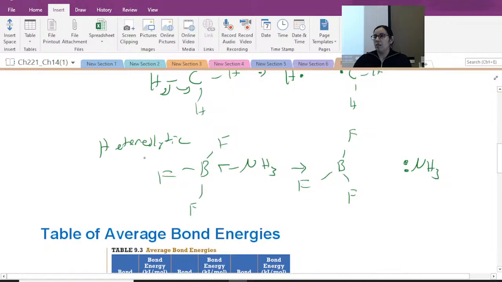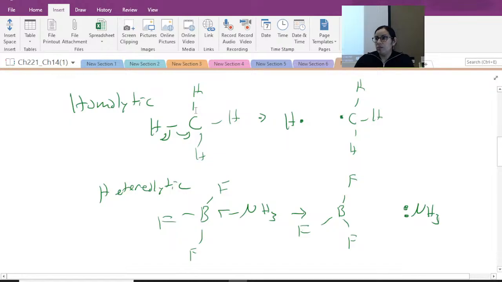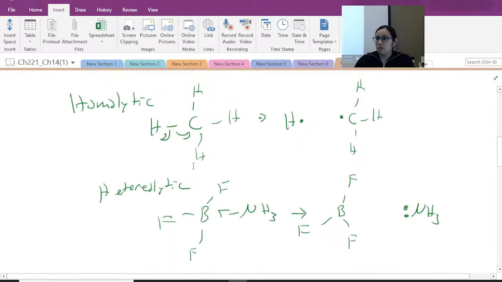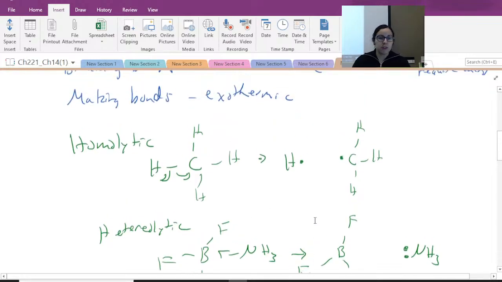Okay, so you're saying when the bond is broken, the electrons would usually, in a homolytic, go one each. Yeah, and heterolytic usually goes back to where the electrons came from originally.